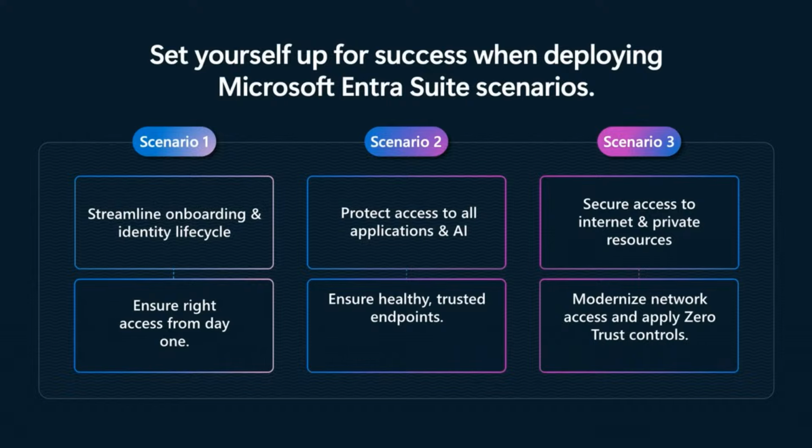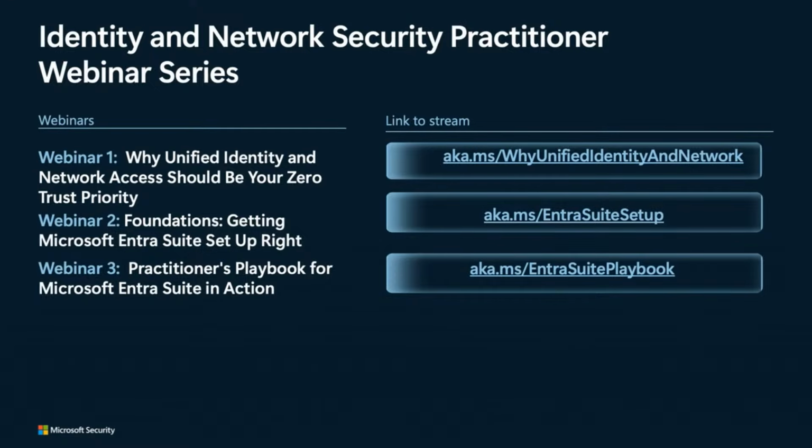And that will all be enforced through conditional access. And finally, securing on-prem apps with conditional access helps enable secure access to resources, modernizing network access, and applying zero trust controls everywhere. By the end of this series, you'll see how we piece these together to make deploying Entra Suite smoother and more effective.